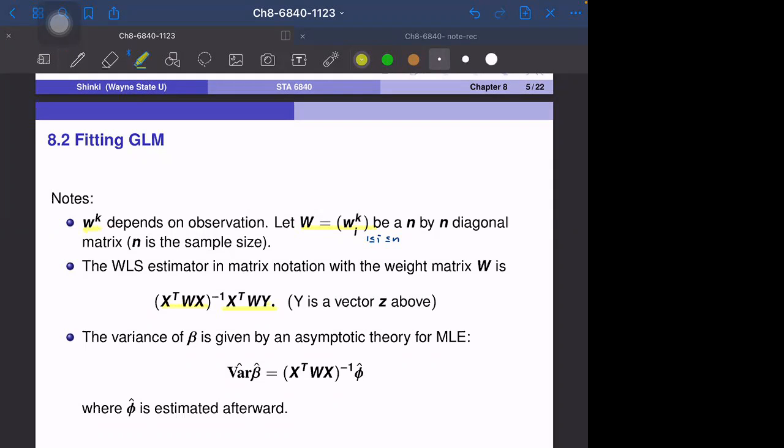This y is actually the z on the previous page. Except for w, you can see the formula you are familiar with, x transpose x inverse x transpose y, the usual estimator for beta in the linear model.